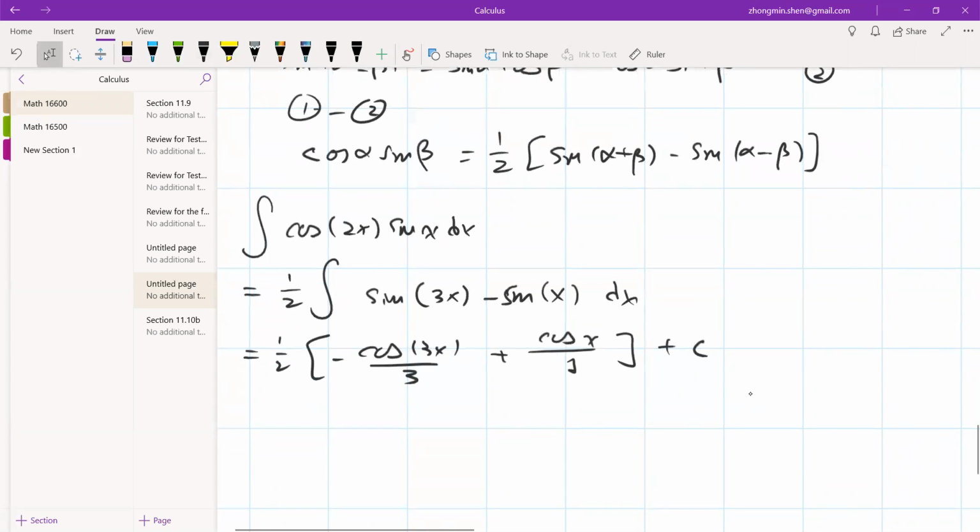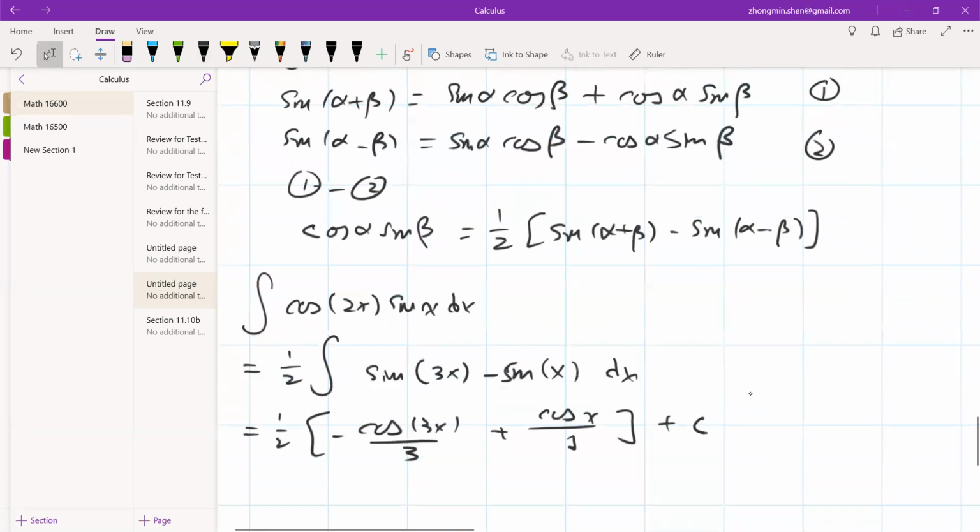Probably only 10% of students will use this method because it requires you to know more formulas in trigonometric geometry. Yes? What is that cosine x over? Cosine x over 1. It's nothing, just a 1. I just put the cosine x there.